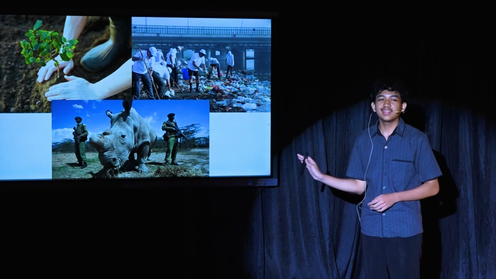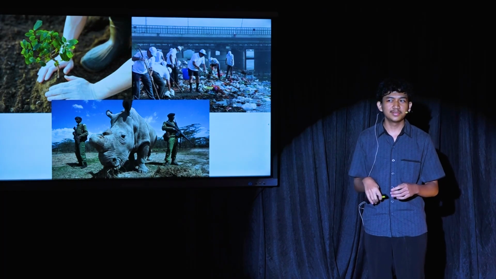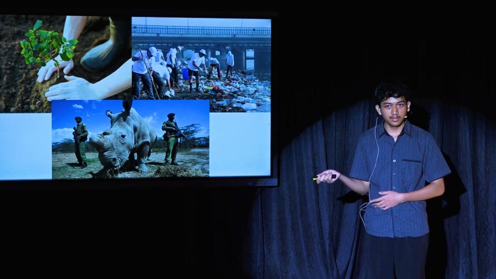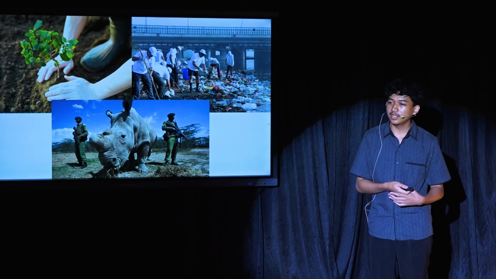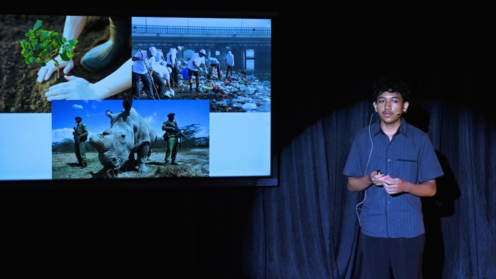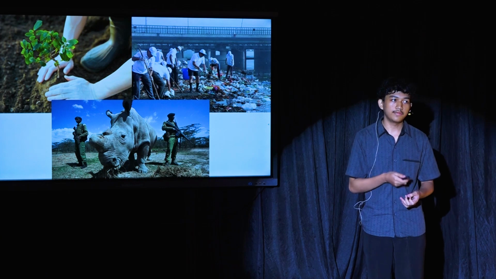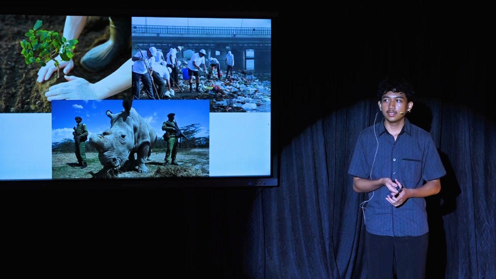So now you might think that all the problems have been solved, right? Because we have these strategies right here. Well, the issue is these methods require substantial resources and time for them to have an effect on nature. Suppose we cut down an entire forest.